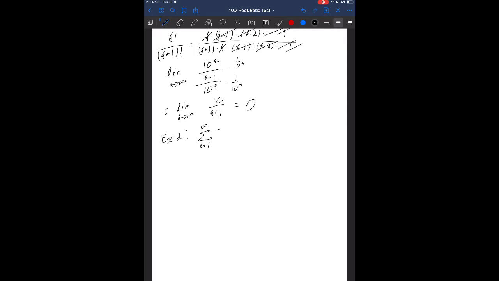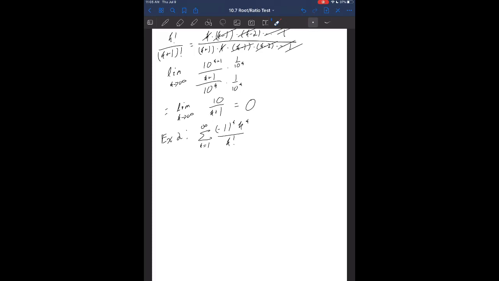Example 2: the sum from k equals 1 to infinity of negative 1 to the k times k to the k over k factorial. In this case, you could possibly attempt to use the alternating series test on it.